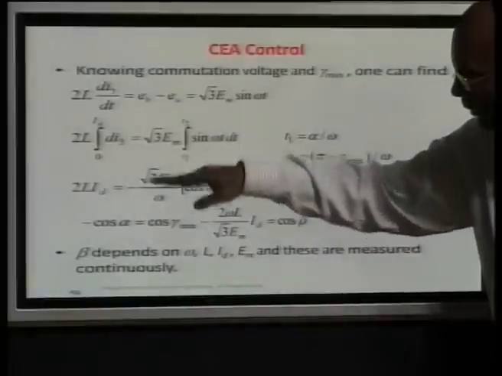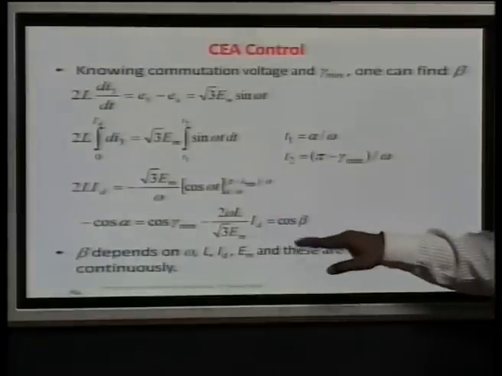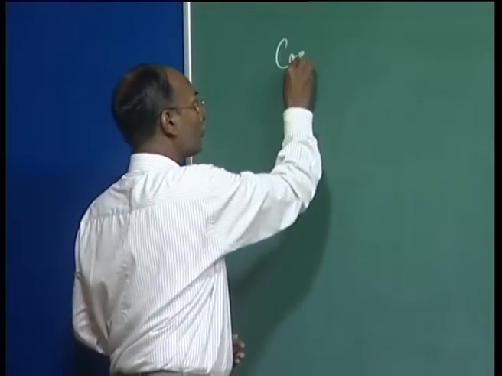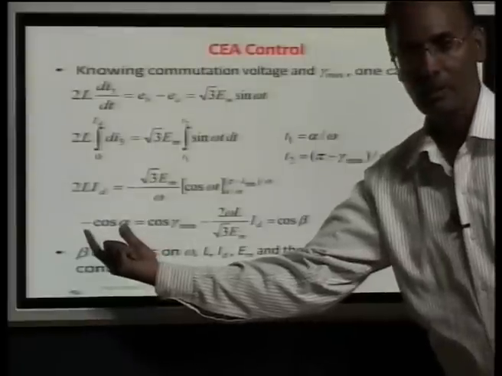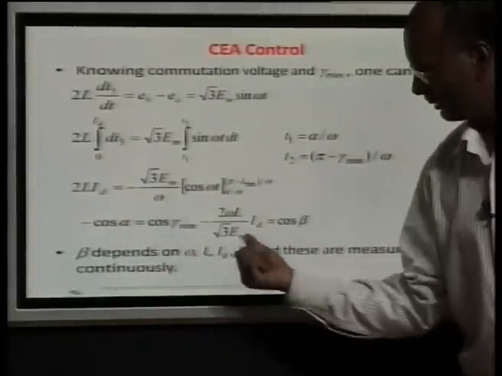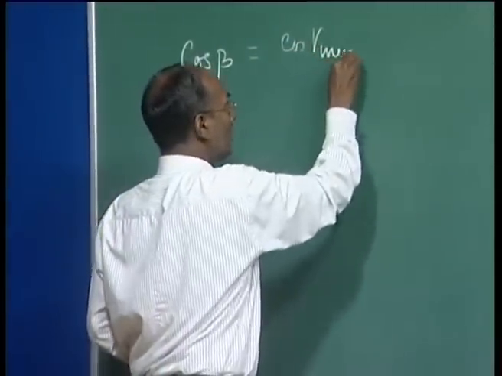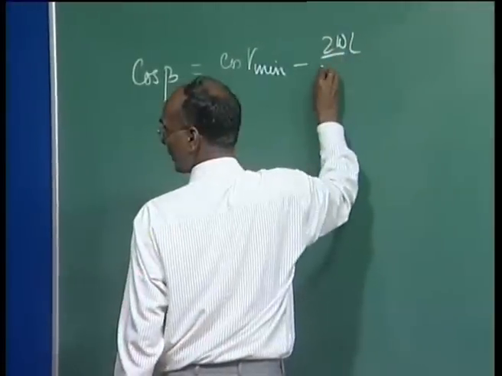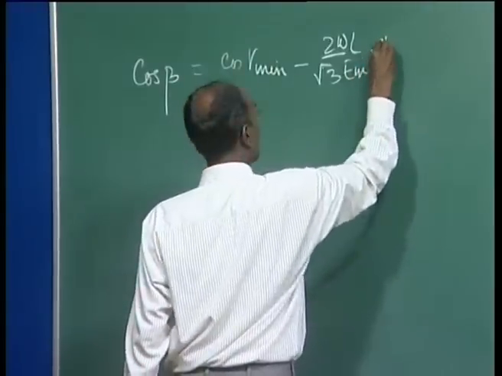Integrating, we get this expression, and finally we can write the cos beta that we want. From this expression we get cos alpha, and alpha is nothing but pi minus beta. So, we have cos gamma minimum minus 2 omega L divided by under root 3 EM into ID.